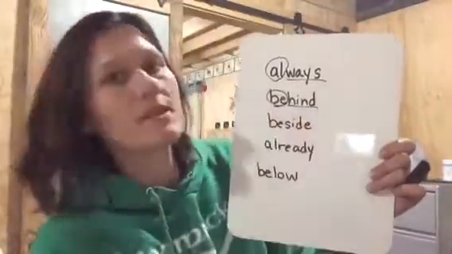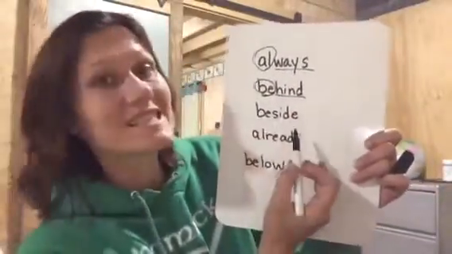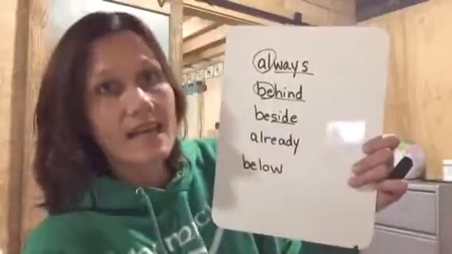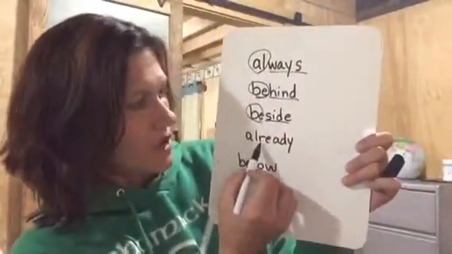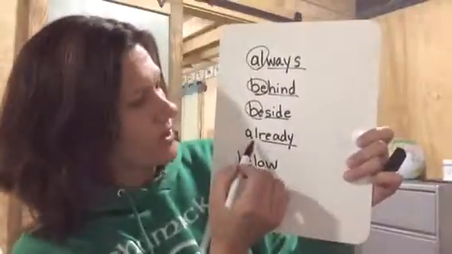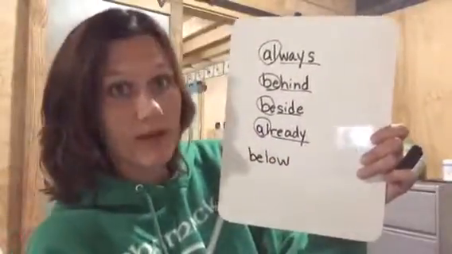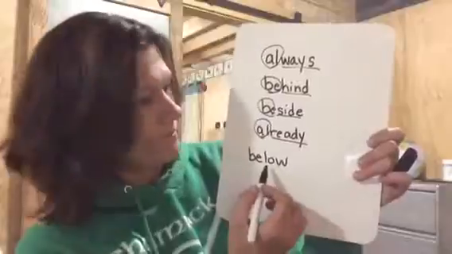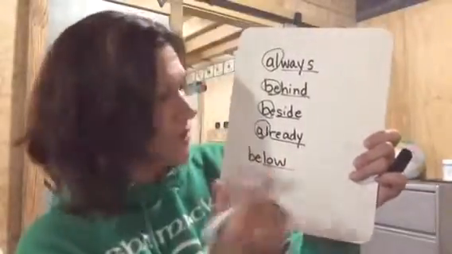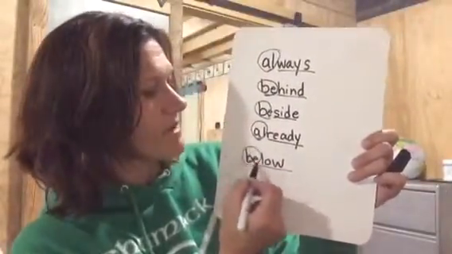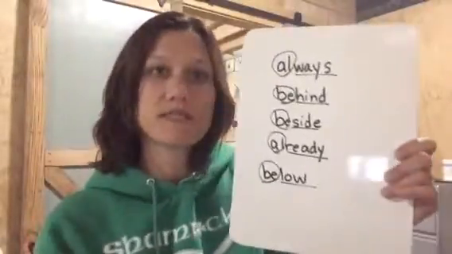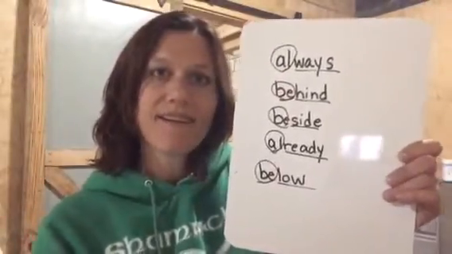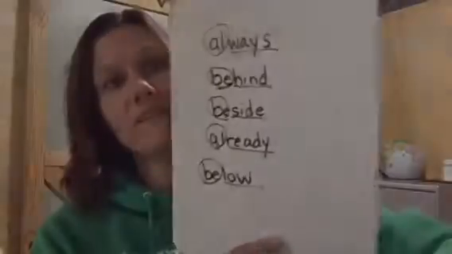Be is the prefix. Beside. Side is your root word and be is your prefix. Ready is your root word and all is your prefix. And below, low, right? Low is your root word and be is your prefix. Okay, so see how you did? Ready? And we will go on.